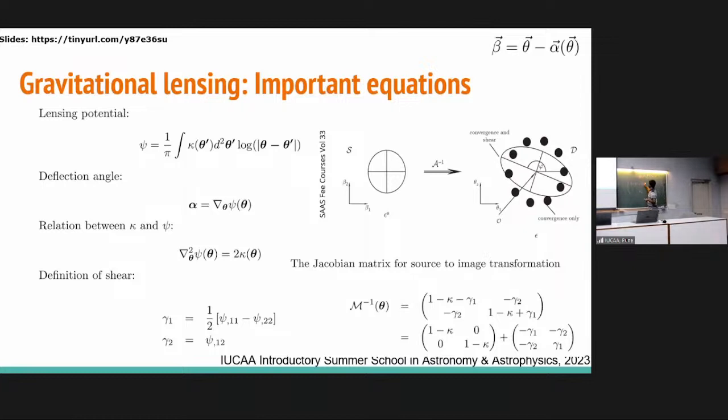So what I have to do is just do a minus lambda here, minus lambda, and take the determinant and set it to 0. So what I'm going to get is 1 minus kappa minus gamma 1 minus lambda, times 1 minus kappa plus gamma 1 minus lambda, and then minus gamma 2 squared equal to 0.